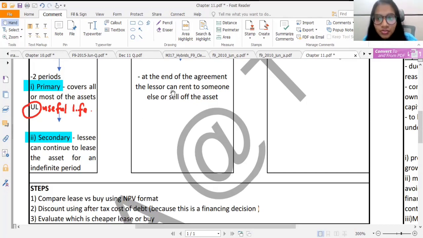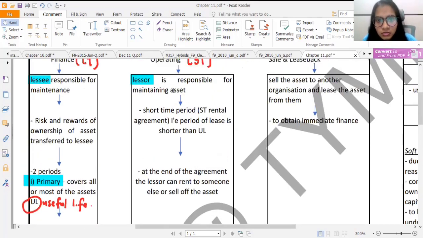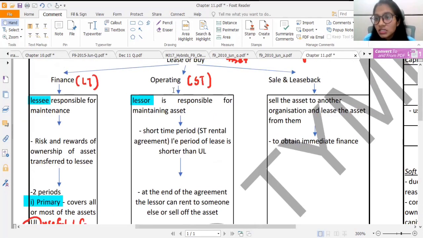Now, for the second one, operating lease. As I told you, operating lease is a short-term lease. And because it is a short-term lease, sometimes you only use it for a period of 1 year. And every year, if you want to continue using the asset, you need to renew your agreement.